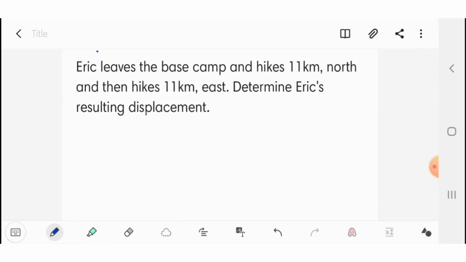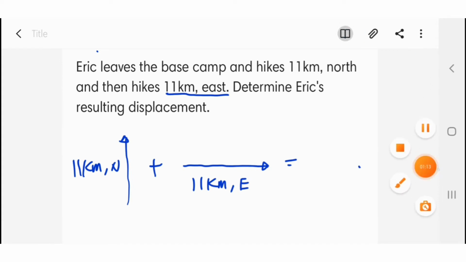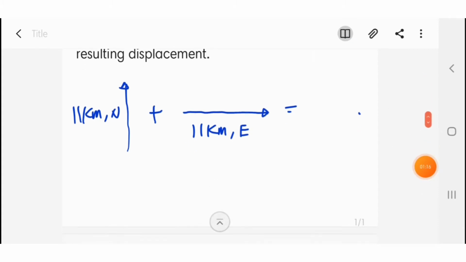So Eric leaves the base camp and hikes 11 kilometers north, plus he hikes 11 kilometers east, equals... Okay, let's draw this again.